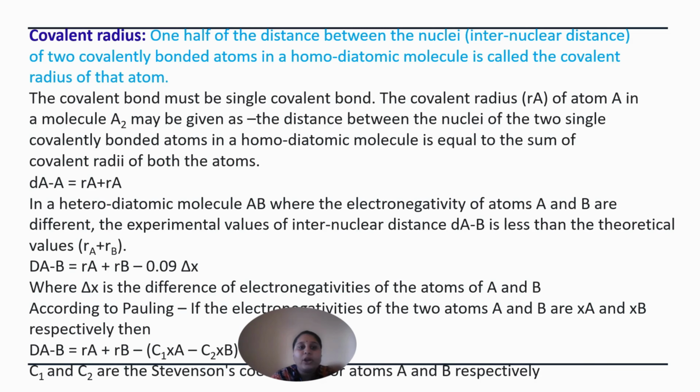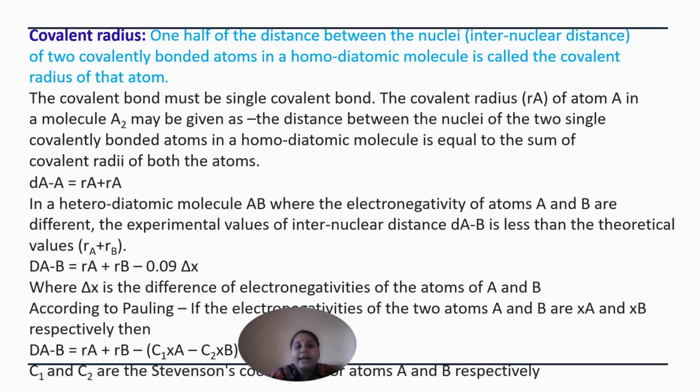In heterodiatomic molecule AB, where the electronegativities of atoms A and B are different, the experimental value of the internuclear distance d(A-B) is less than the theoretical value, that is rA + rB.